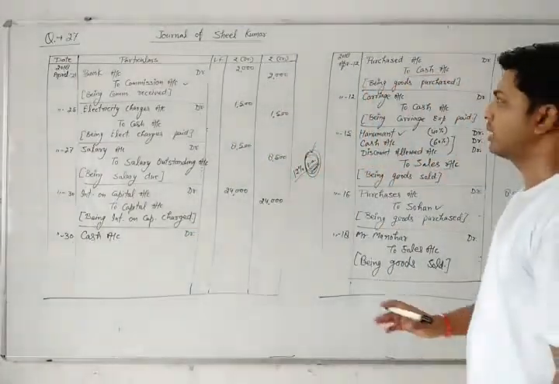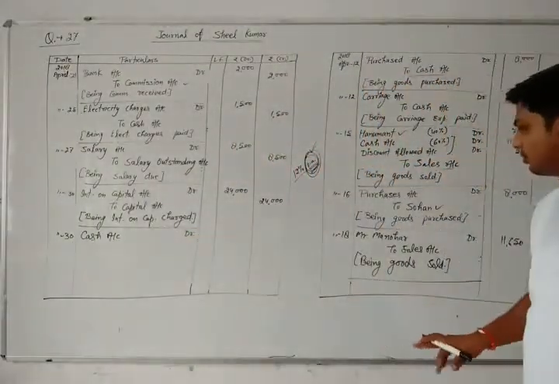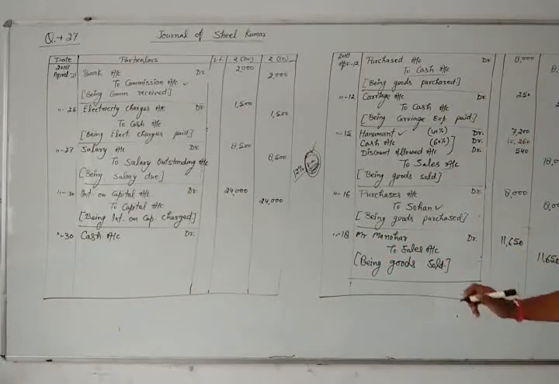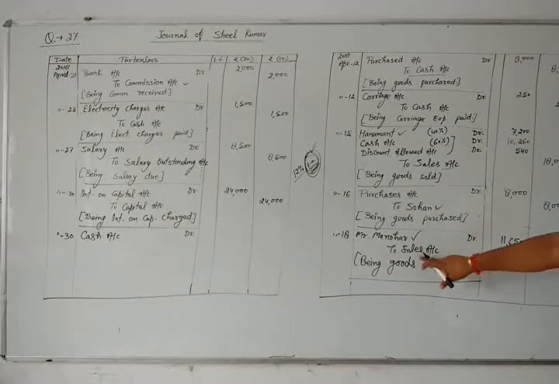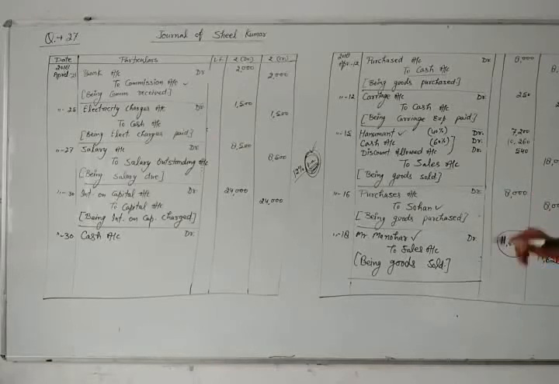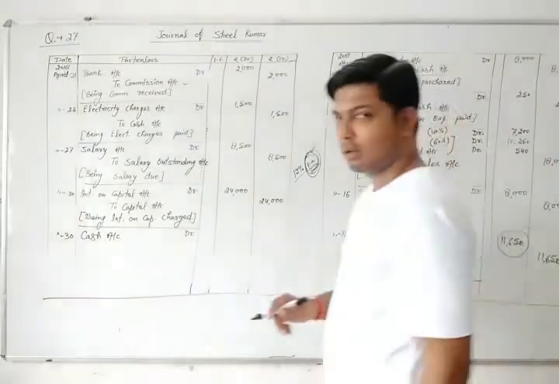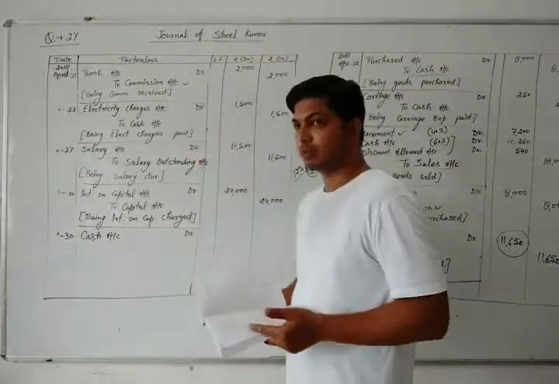First of all, Manohar. Any entry we did with the name of Manohar? Yes. On date 18. On 18th, what we did with Manohar? Sales. We sold goods for 11,650 rupees. And how much amount are we receiving full and final? We are receiving 11,500.